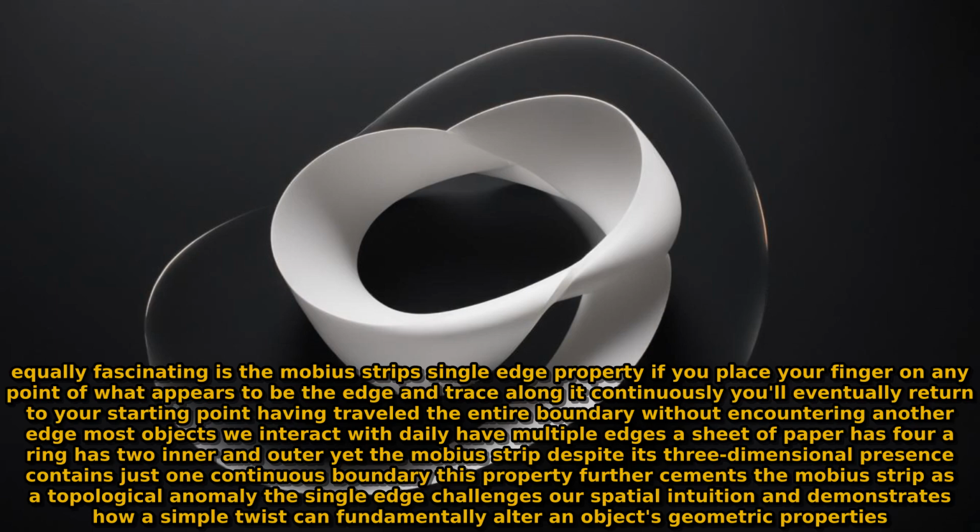Yet the Möbius strip, despite its three-dimensional presence, contains just one continuous boundary. This property further cements the Möbius strip as a topological anomaly. The single edge challenges our spatial intuition and demonstrates how a simple twist can fundamentally alter an object's geometric properties.